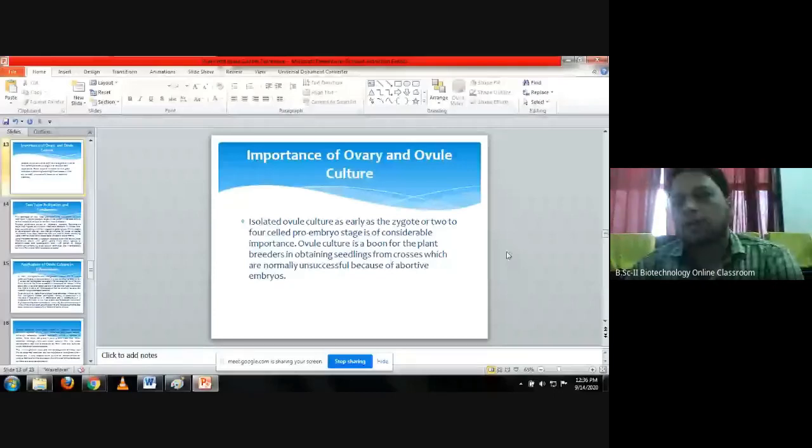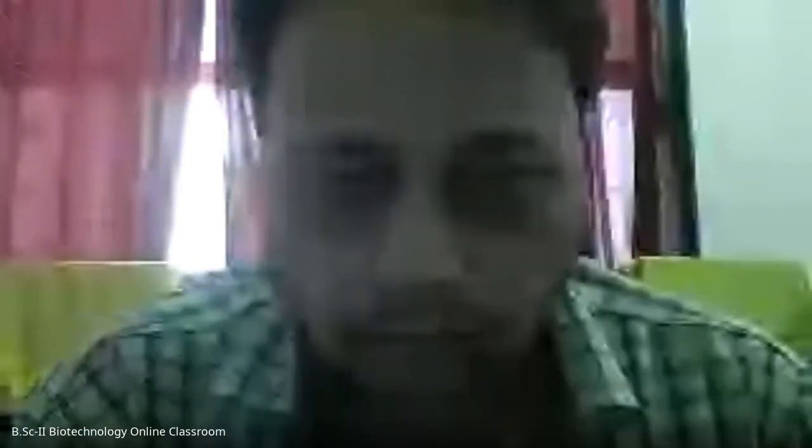First application is test tube pollination and fertilization. By this technique, it may be possible to germinate pollen in the same culture as the ovule and to induce in vitro fertilization.